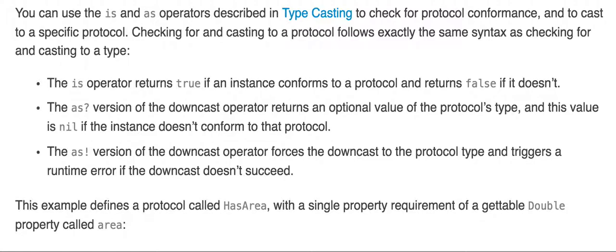The as? version of the downcast operator returns an optional value of the protocol's type, and this value is nil if the instance does not conform to the protocol. The as! version of the downcast operator forces the downcast to the protocol type and triggers a runtime error if the downcast does not succeed.